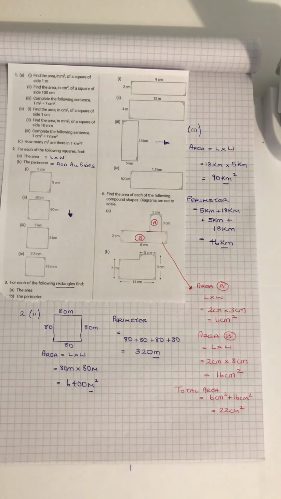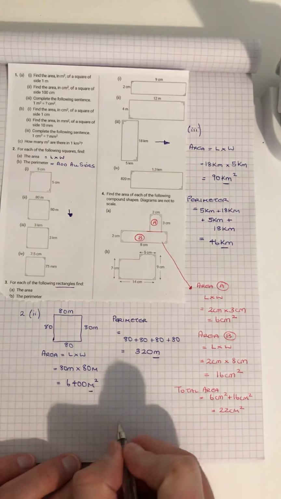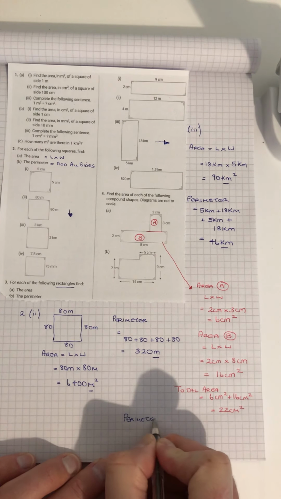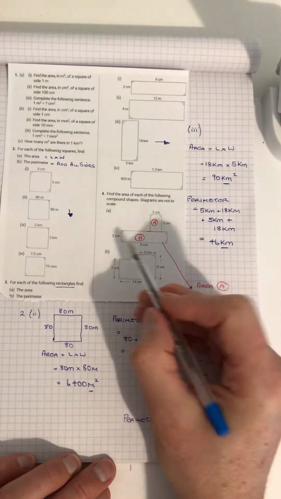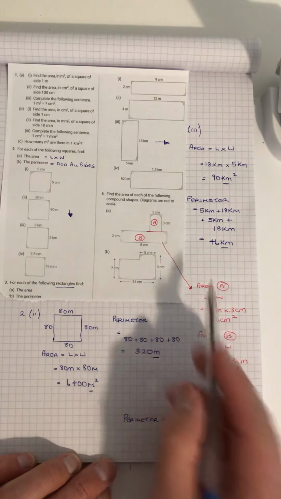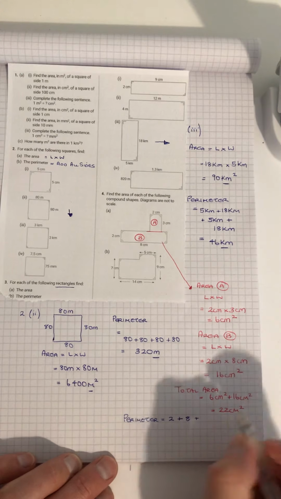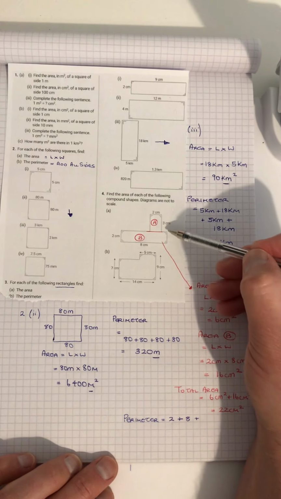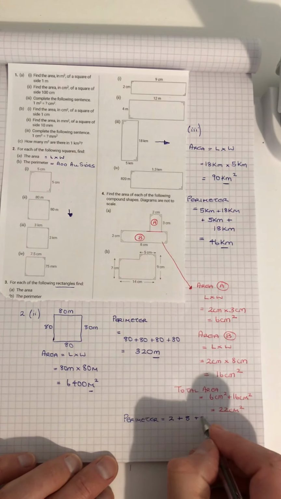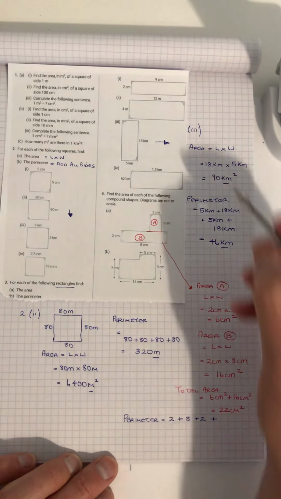And now we're going to find the perimeter. So the perimeter then, now be careful here, is equal to, I'll start with 2 plus 8 plus. Now what length is this side here going to be? Well, it's going to be the same as this, which is 2 plus.